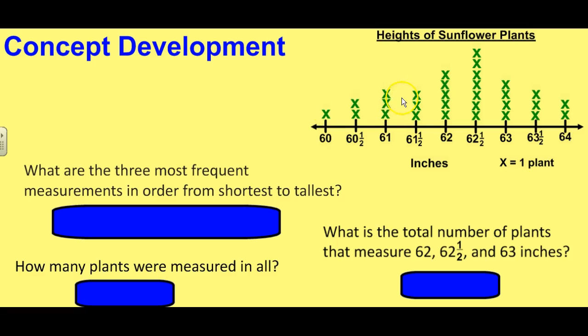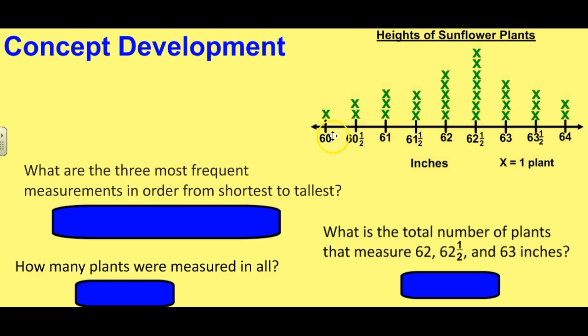I know that there's 61, 61.5, and 63.5 that have 3 X's, but we're not going to deal with those because it says what are the 3 most frequent measurements. So we're looking for the 3 measurements that have more X's than the others. So now that we've pointed out which measurements have the most X's, now you have to write those measurements on your paper from shortest to tallest.